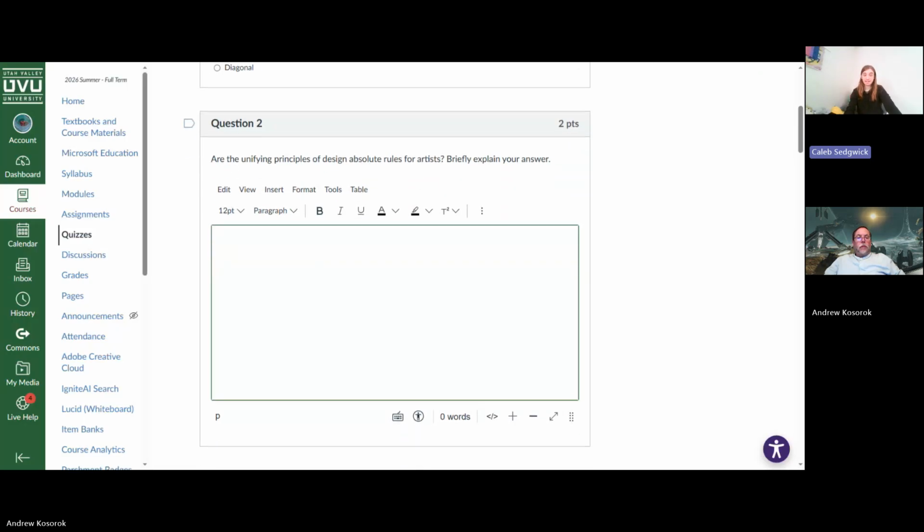Not every piece of art has every single principle of design in it, and there are a lot of artists that will purposefully break quote unquote rules of art to have a more interesting piece.